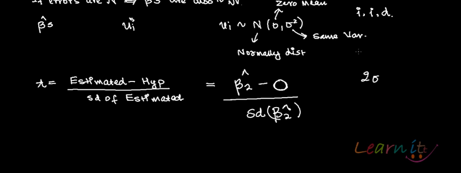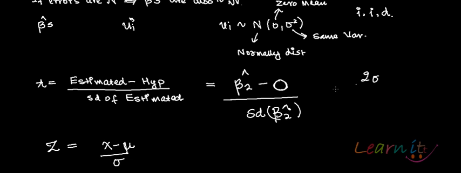Fine. Well, if you look at the standardized normal variate Z, that is nothing but x minus mu upon standard deviation. It is almost like this: estimated minus hypothesized upon standard deviation of estimated.